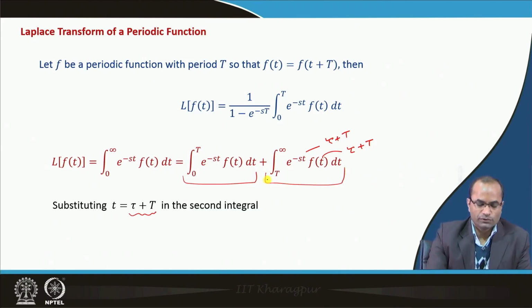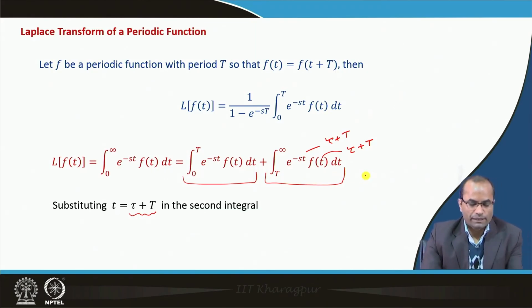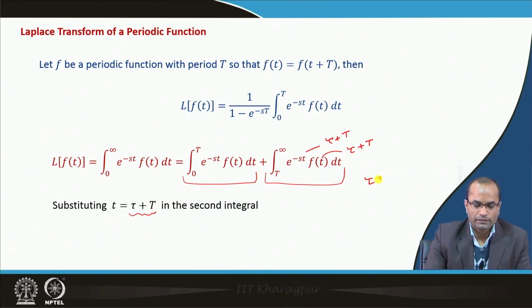So, when t was capital T, then tau will become 0, and when t is infinity, in that case tau will also be infinity. So, these are the limits for this new variable.